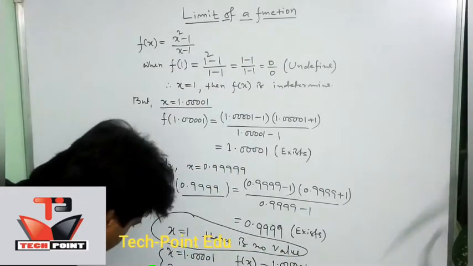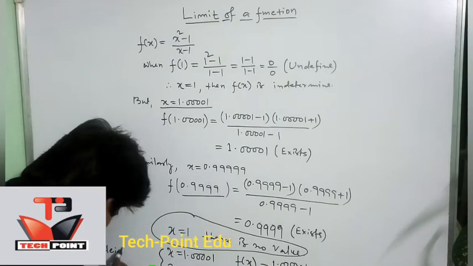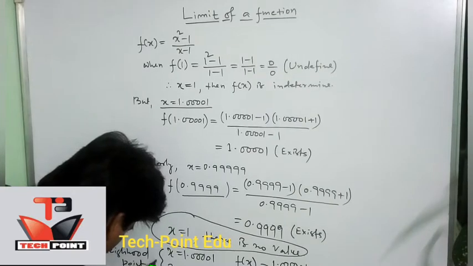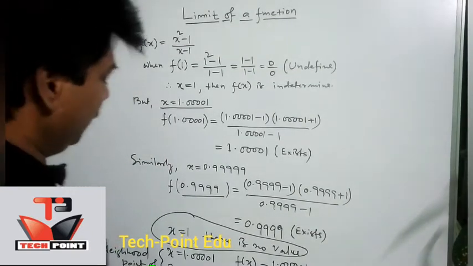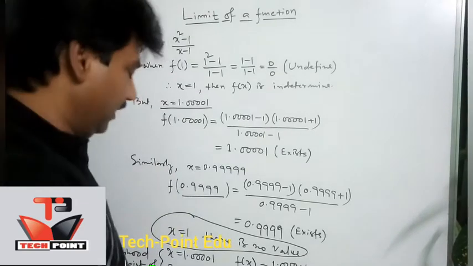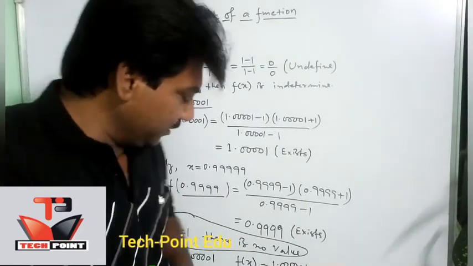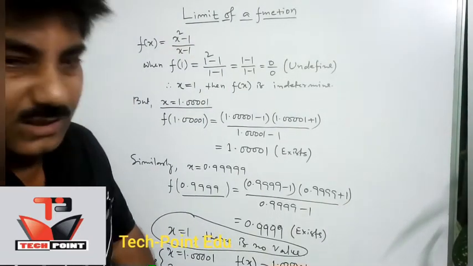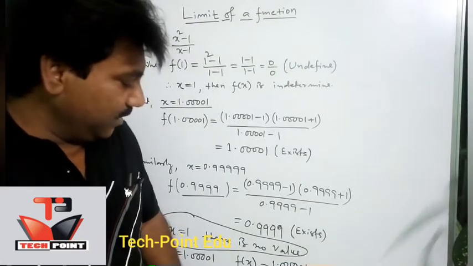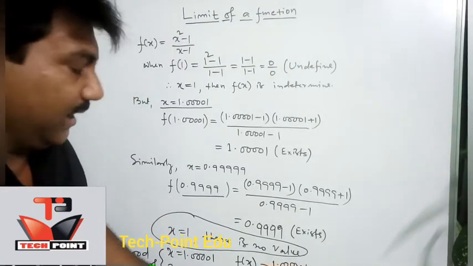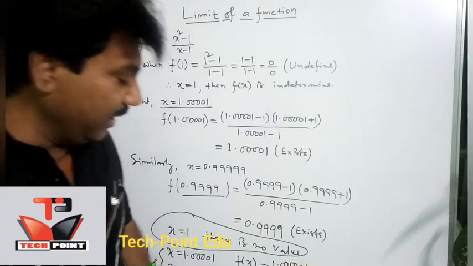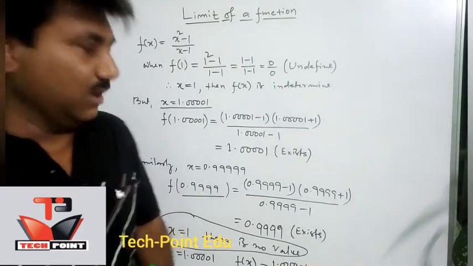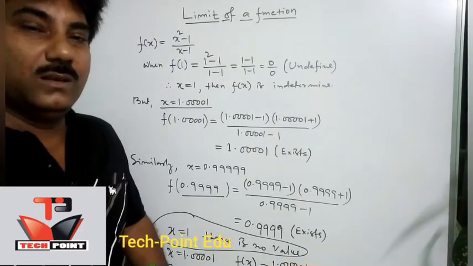At the neighborhood points of 1 we are getting the value, but at x is equal to 1 we are not getting value. This arises the concept of limit, and this thing is also used in many fields of science, that means physics, chemistry, and also in economics. This concept of limit is very much important.